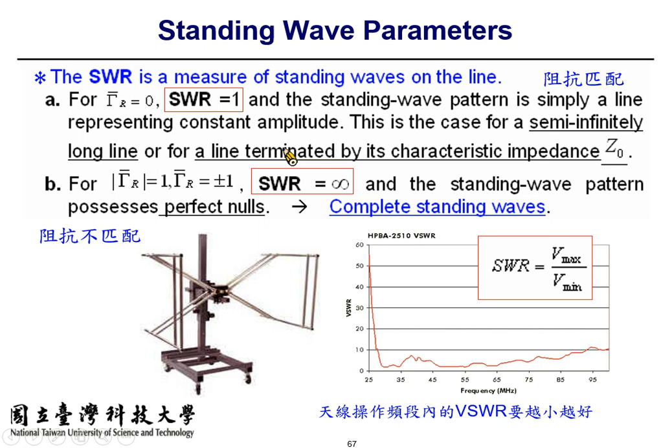Usually, we will use VSWR equal to 3 as the criterion for the operation band. Well, that's a commercial product, and for a commercial product, you need to show the VSWR spectrum to convince your customer that your antenna is good at a certain frequency band.